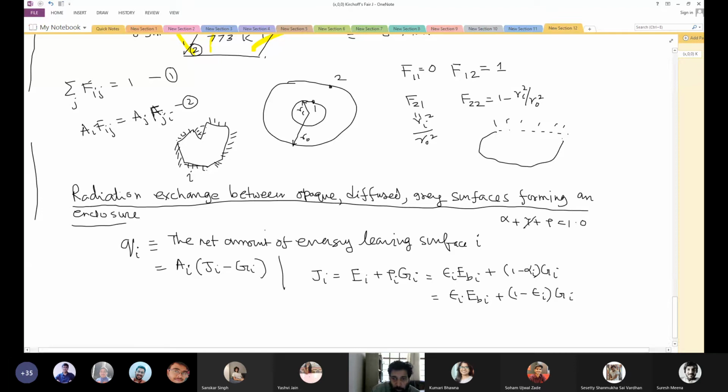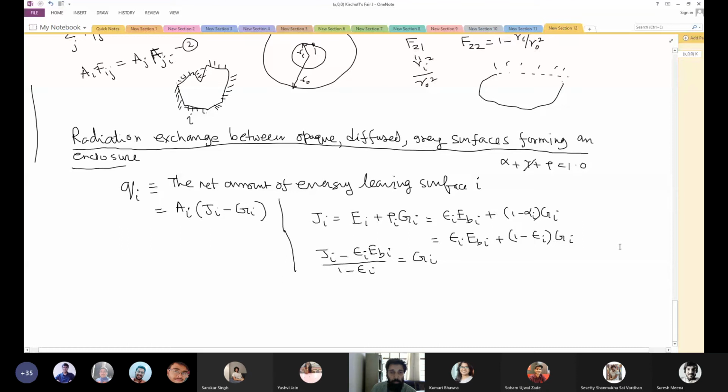Now this is the equation I will use to eliminate Gi. From here, Gi equals (Ji minus epsilon i Ebi) divided by (1 minus epsilon i). Now I'll substitute it here.